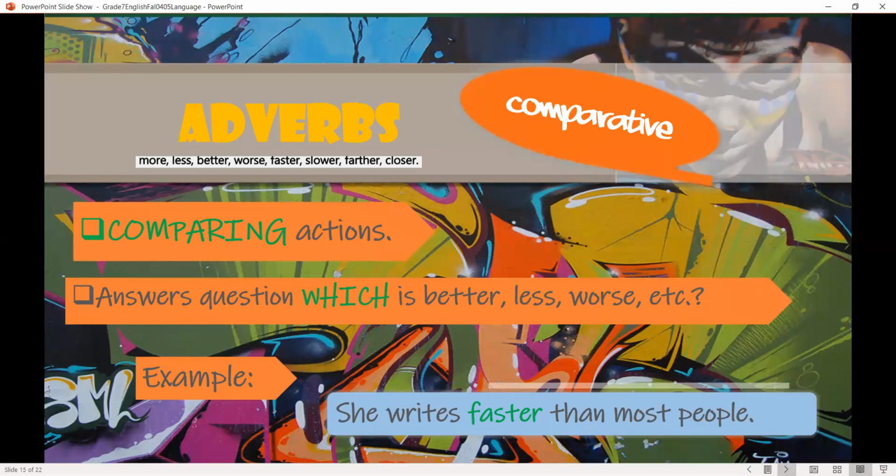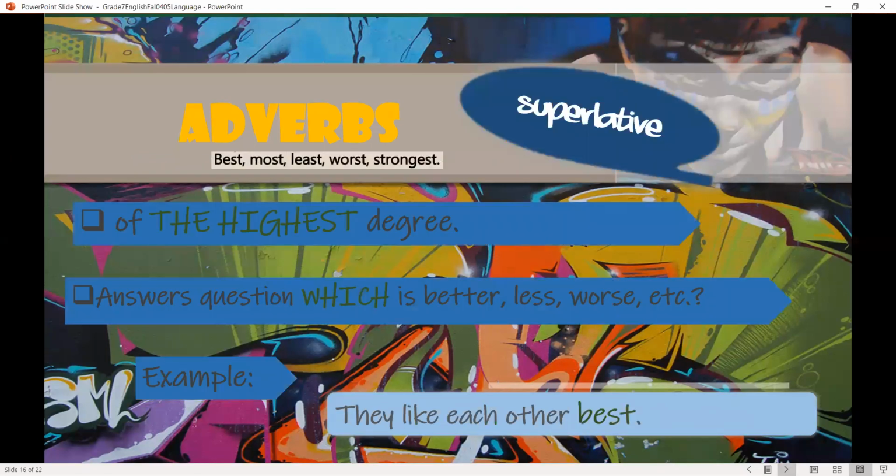The superlative is also similar to the comparative. The only difference is it's not comparing more than one thing. It's explaining that this thing is the best, the worst, the least. So to the highest degree of what it is.